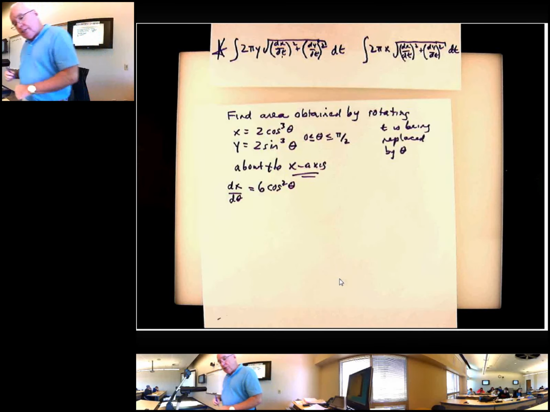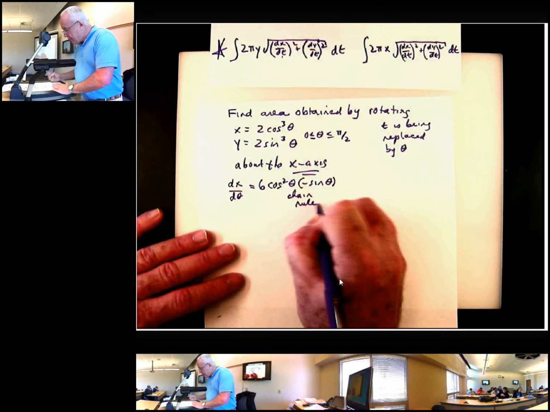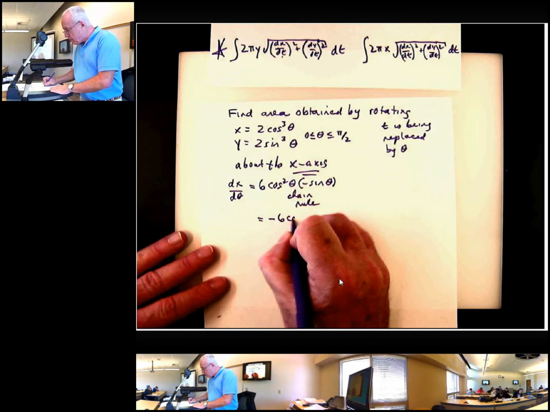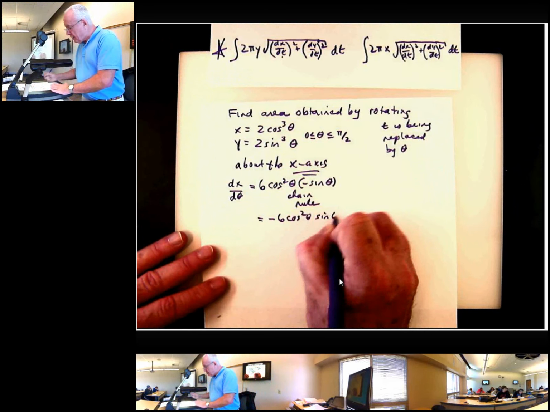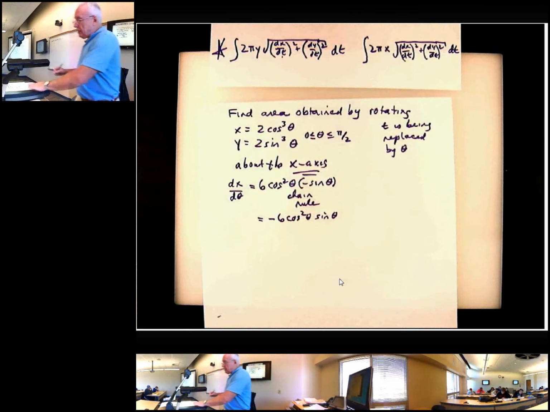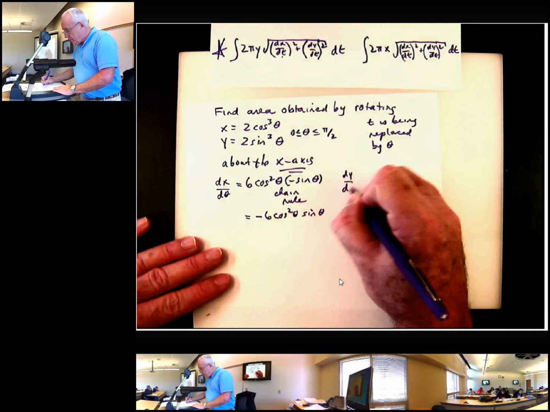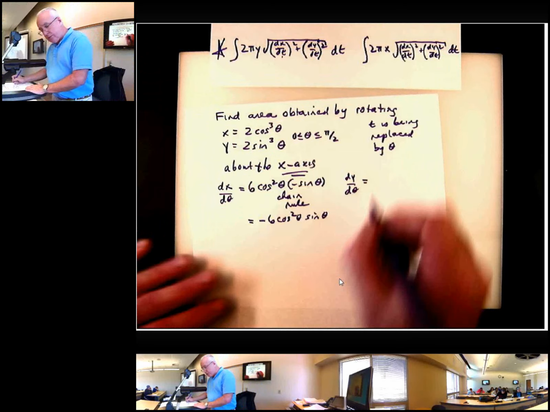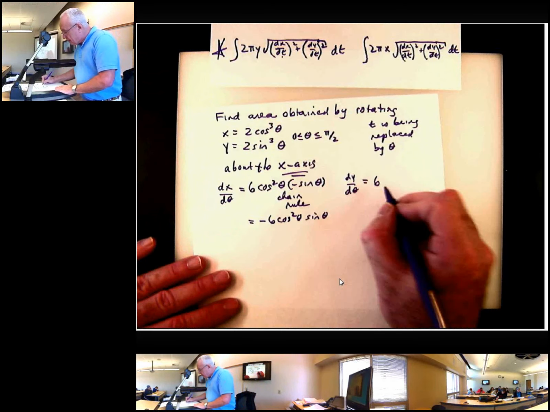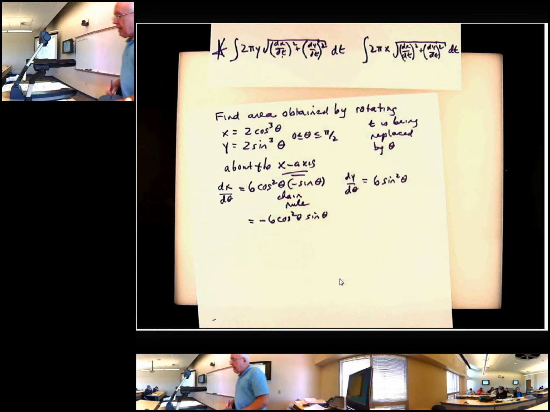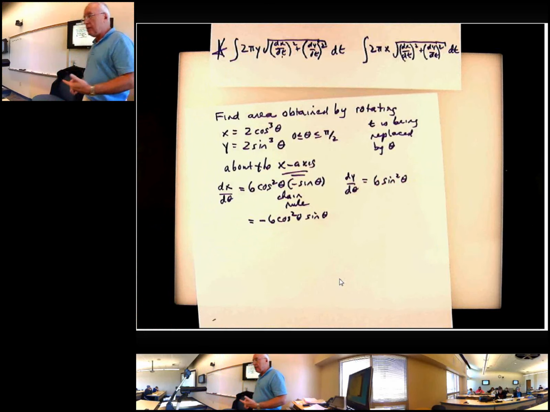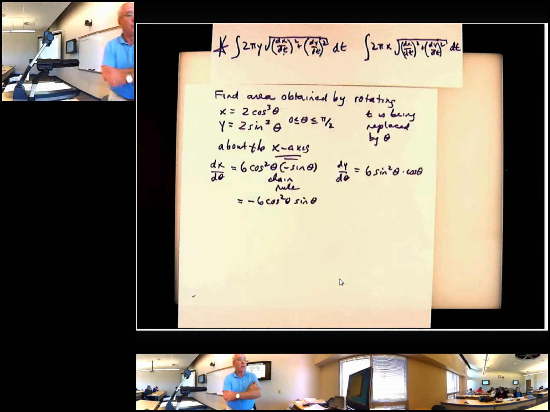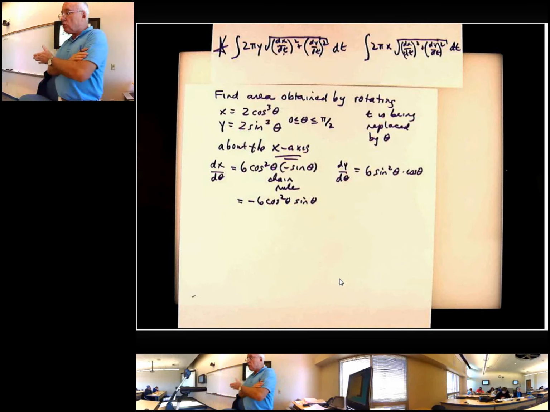So this is the chain rule. Let me rewrite this with the negative out front: minus 6 cosine squared of theta, sine of theta. That's our dx/d theta. Now let's get dy/d theta. Again, we use the chain rule, bring down our 3, 3 times 2 is 6, and then it's sine squared of theta, and then the chain rule derivative of the sine is the cosine, times the cosine of theta. Okay. And then we're going to be squaring those.